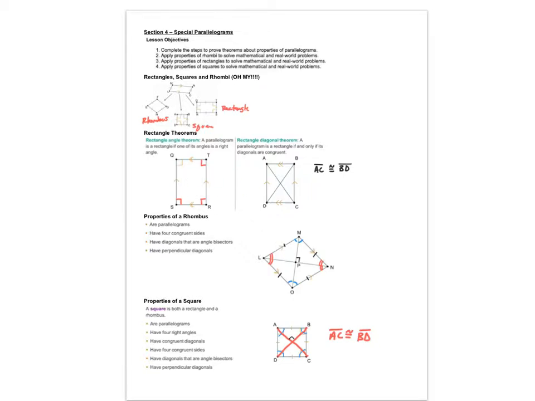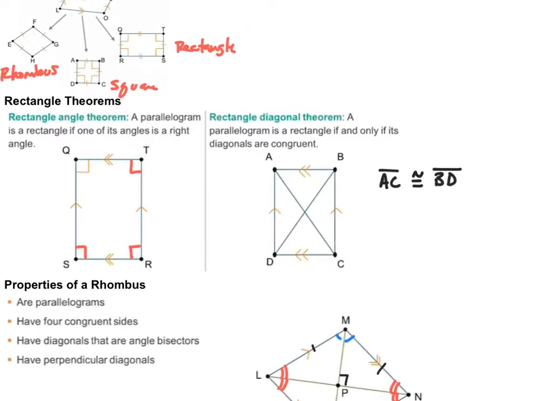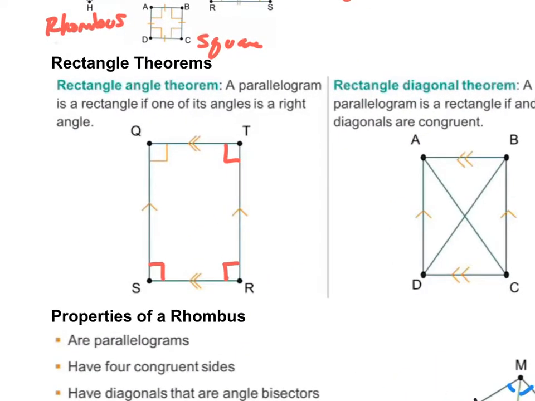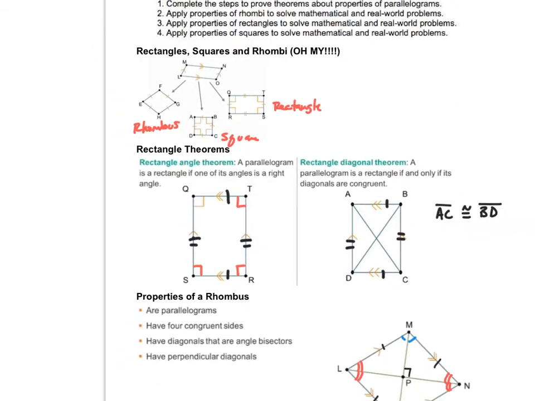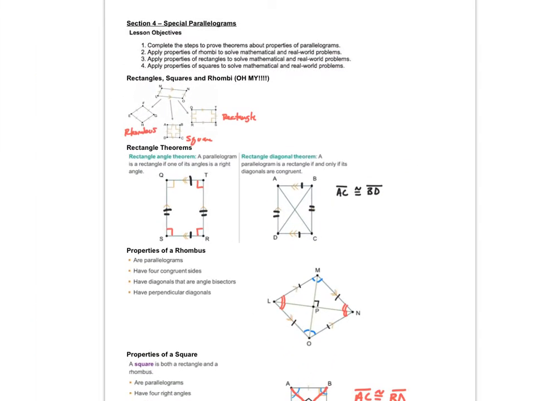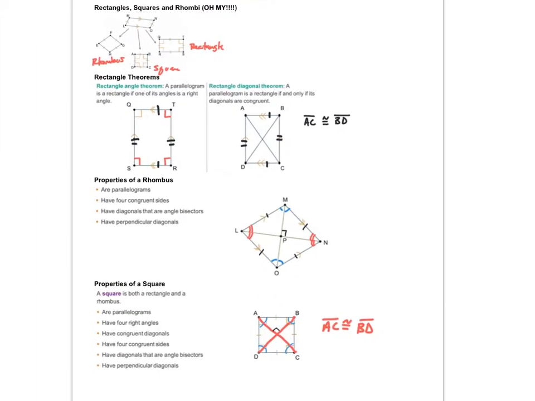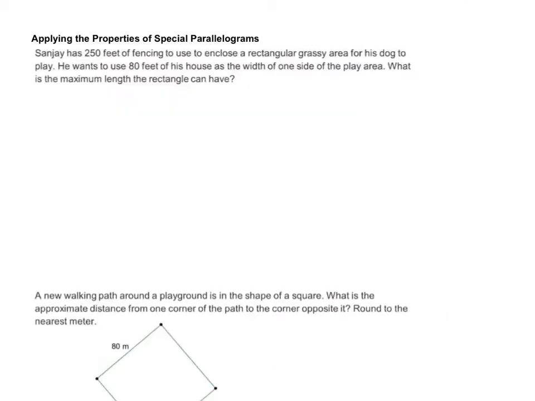The only other thing I want to do is say that the opposite sides are congruent still. So they still have the same properties of parallelograms, but there are some special cases with these. And usually we can tell these things by their diagonals, okay? And we'll go through that in a later section.